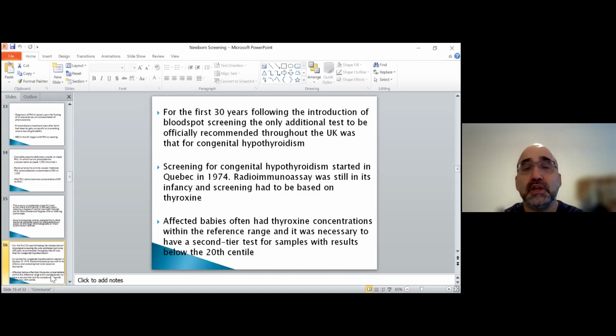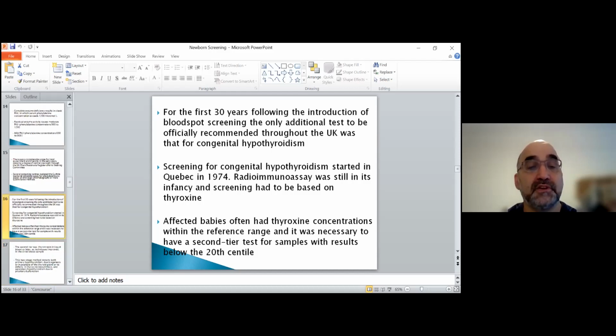But as we know, there are a lot of hypothyroid babies that have their T4 within the normal range but still have hypothyroidism, especially the ones that are below the 20th centile in the reference range.